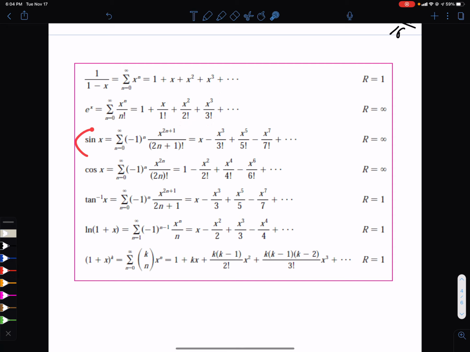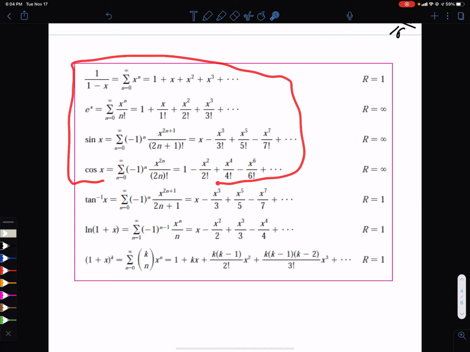Now, sine x is kind of like e to the x, except you only use every other term. You see that? Every other term. And they alternate signs. And then the cosine is like e to the x, but you only use every other term, but you alternate signs again. So you have to have those memorized.